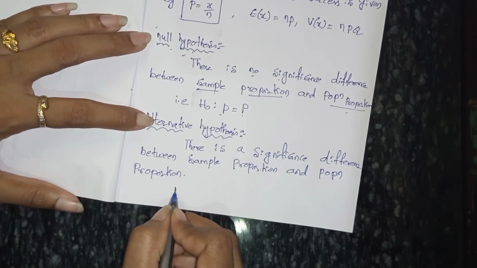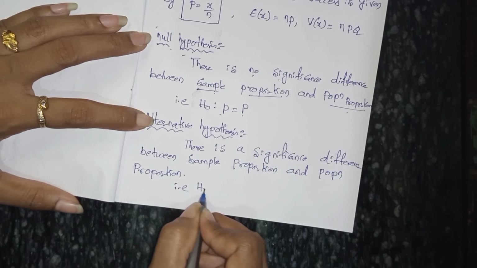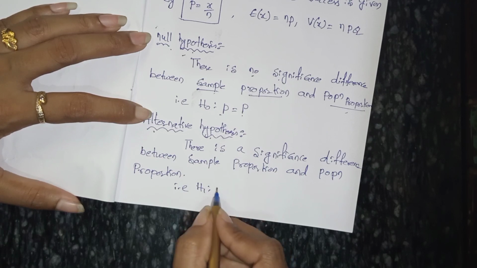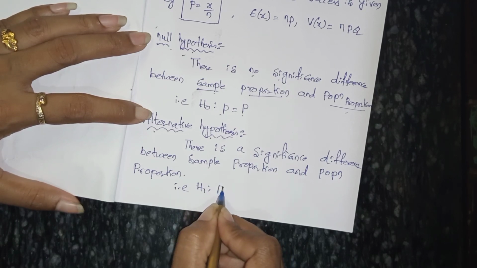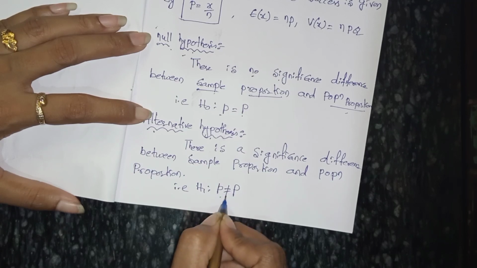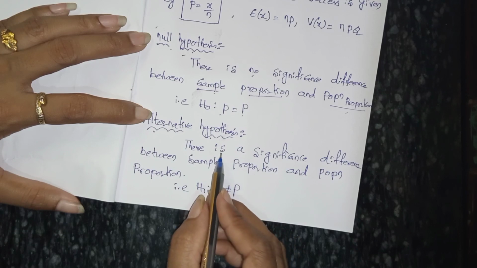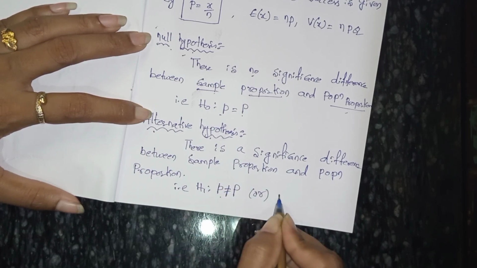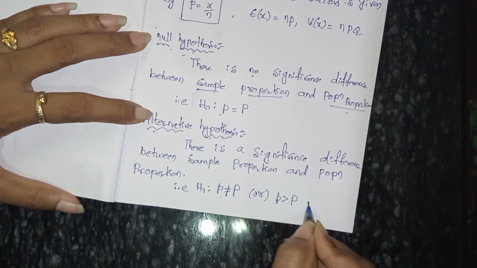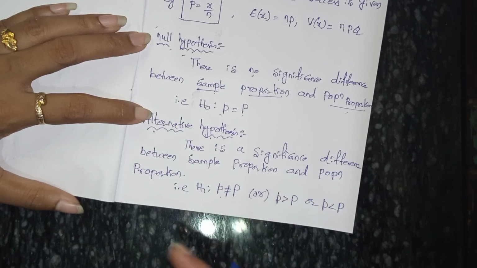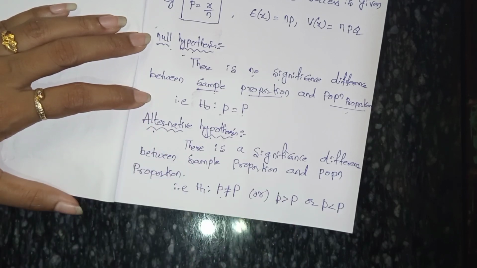We all know that the alternative hypothesis is denoted by H1, such that small p is not equal to capital P, that means sample proportion is not equal to population proportion. Here we said there is a difference, that means it may be greater than or less than. These three conditions we get in the alternative hypothesis.